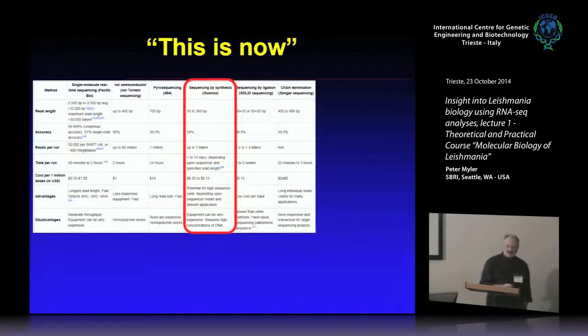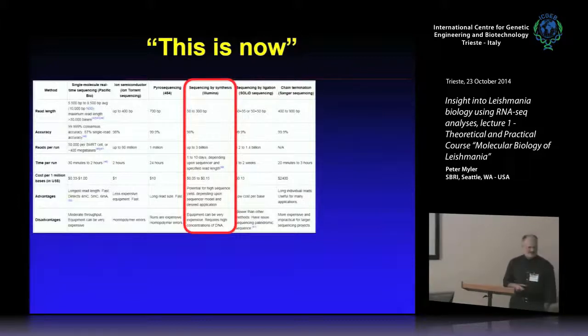So for instance, it took us, I think, about 10 years to sequence the Leishmania major genome, and now you can sequence the Leishmania major genome in a week. Have you compared L. major's previous sequencing approach with the Illumina to see how accurate it is?